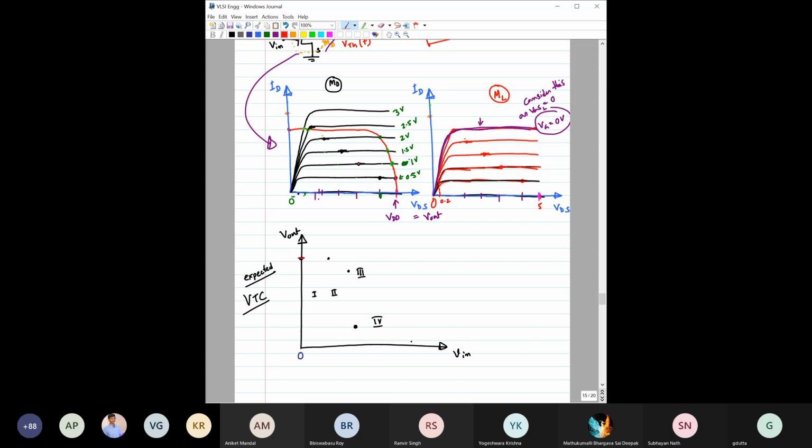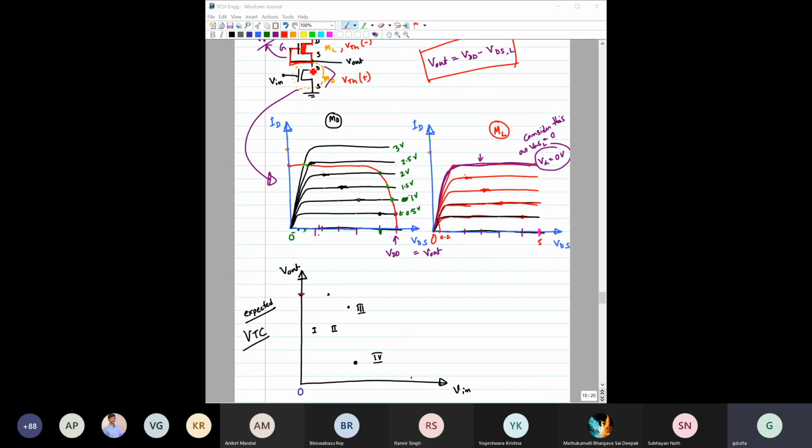Anuj, would you like to try? So the dots are actually shifting towards the left side, so it should have a decrease. But what about the threshold voltage? Until and unless you have switched it on, your output voltage will be fixed at VDD only, right?